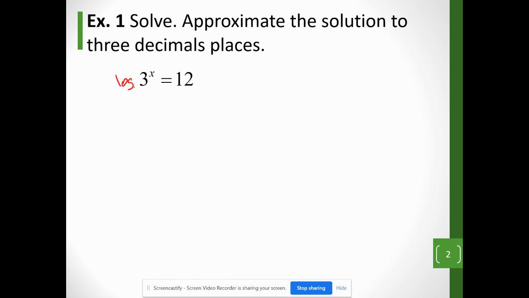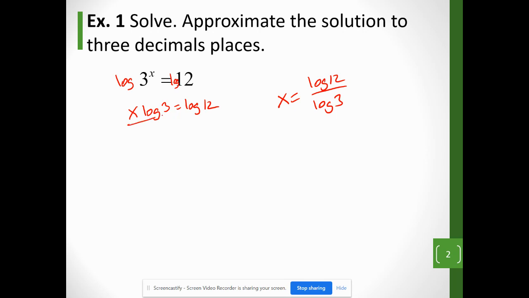So if I do the log to this, and I do the log of this, I have to get that x times log 3. Remember, the exponent comes to the front, is equal to log of 12. So I did the logs to both, just so I could bring the exponent to the front. All right, so I have that x is equal to log of 12 divided by log of 3.